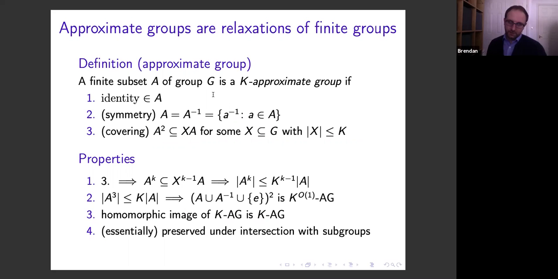A finite subset of a group is a k-approximate group if it contains the identity, if it contains inverses, and it satisfies this relaxed version of the closure property.